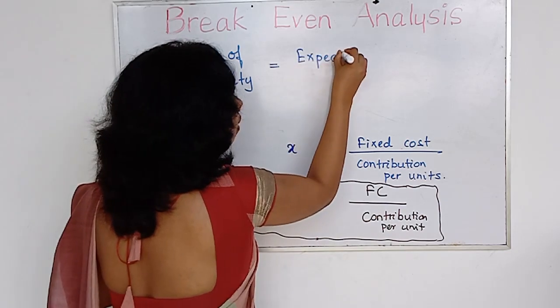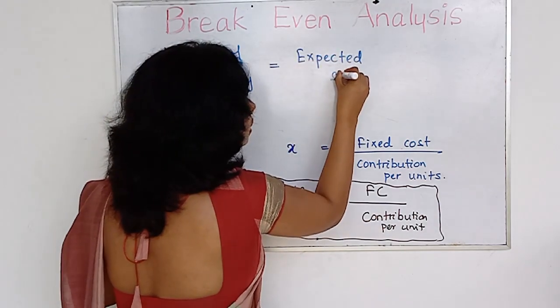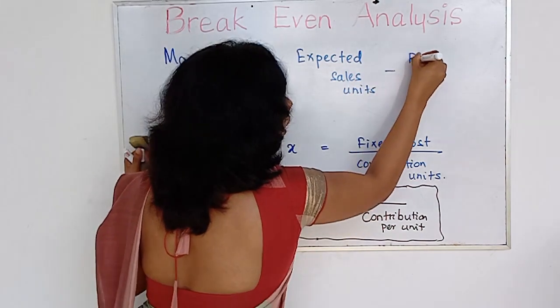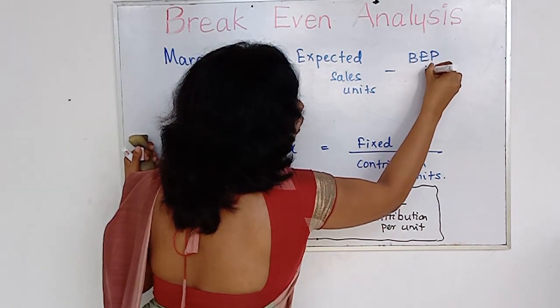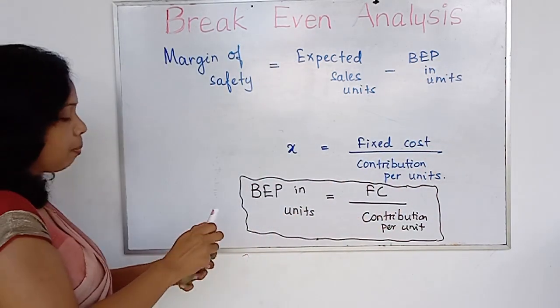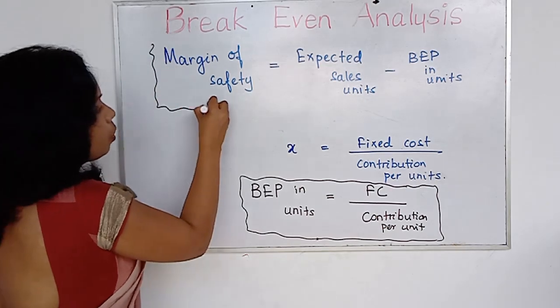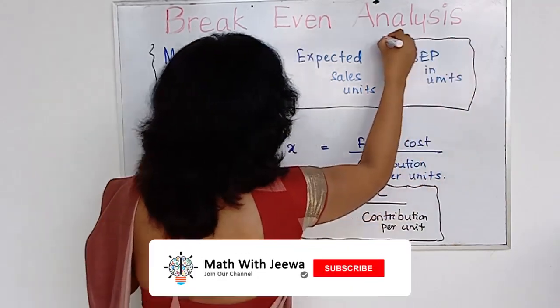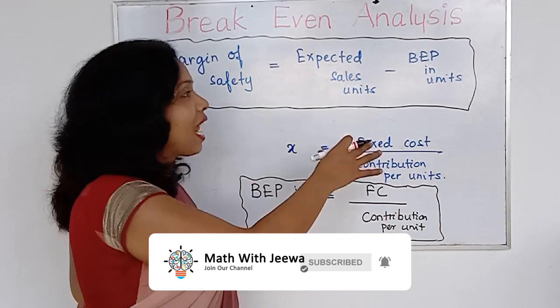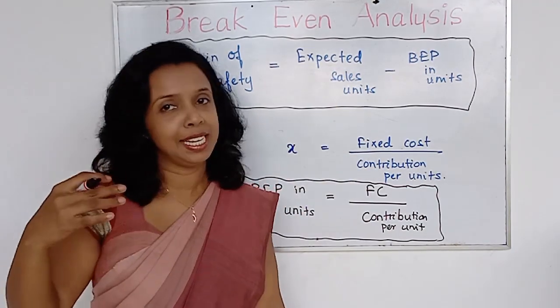Expected sales units minus break-even point in units. So this is the second formula you have in the break-even analysis. How do you calculate the margin of safety? It is the difference between expected sales units and the break-even point in units.